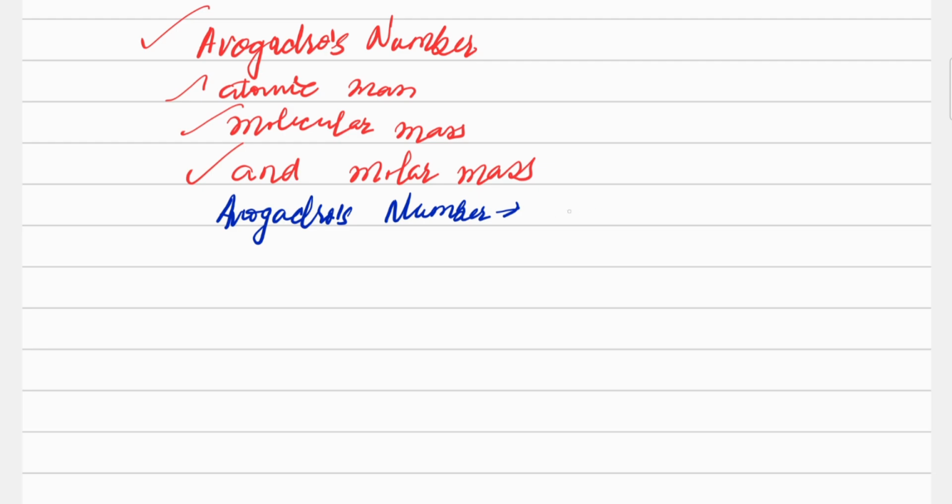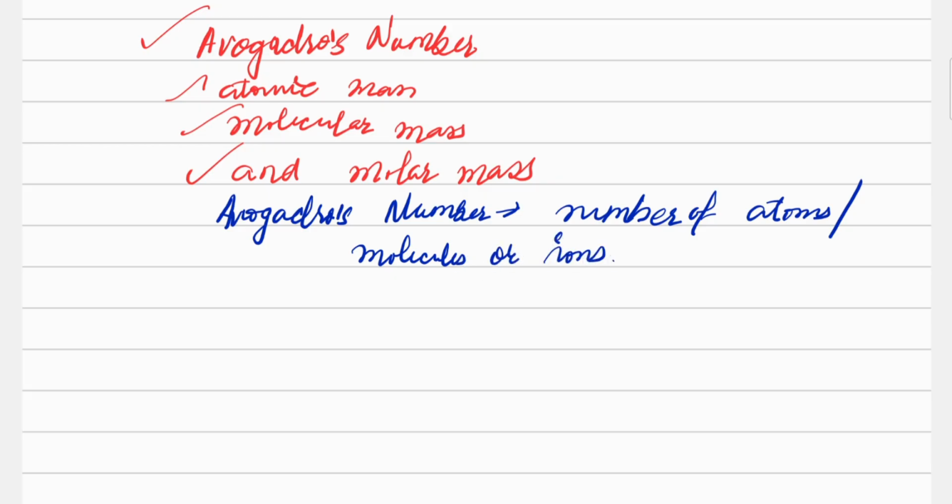It gives an idea about the number of atoms, molecules, or ions, and it is equal to 6.022 × 10^23.